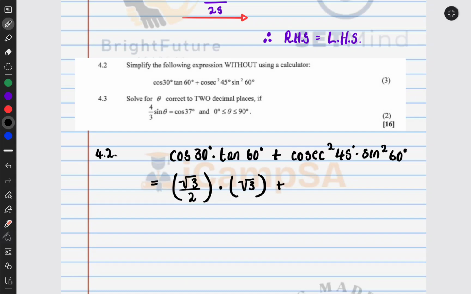Plus cosec squared 45. Cosec is the reciprocal of sine, so instead of opposite over hypotenuse, it is hypotenuse over the opposite side.